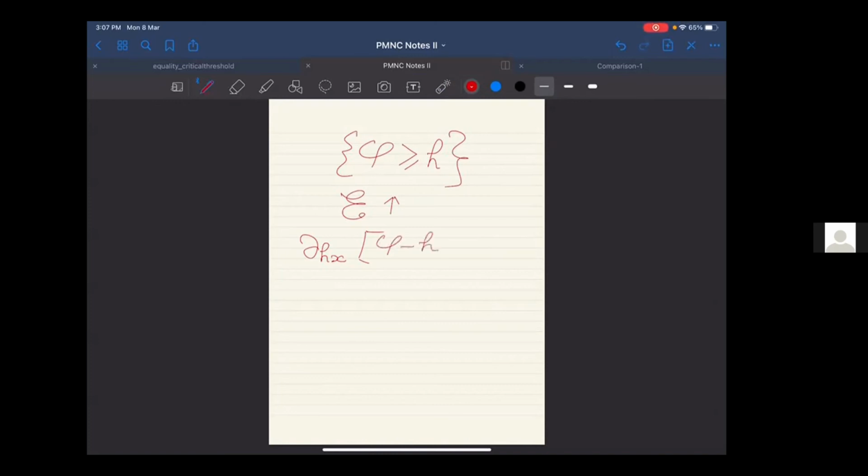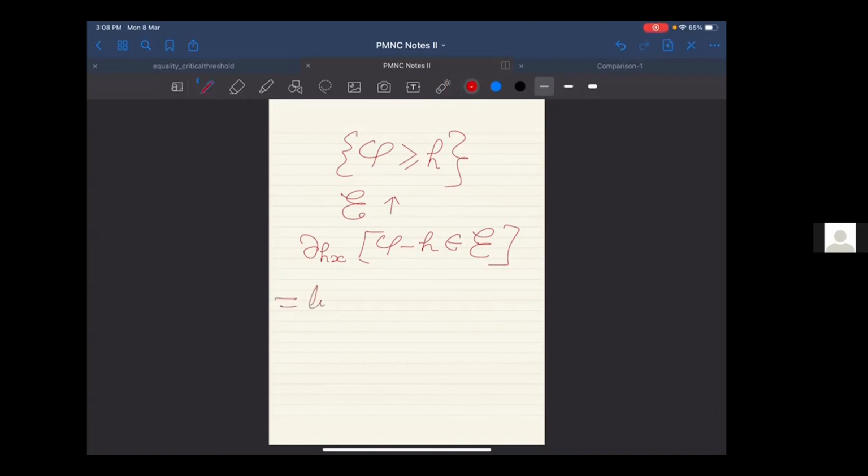So our event can be described like this. If the event is, let's say, that 0 is connected to the boundary, then it just says that in the level set bigger than or equal to 0, phi minus h is bigger than or equal to 0, in particular phi is bigger than or equal to h. And there you do the regular thing.